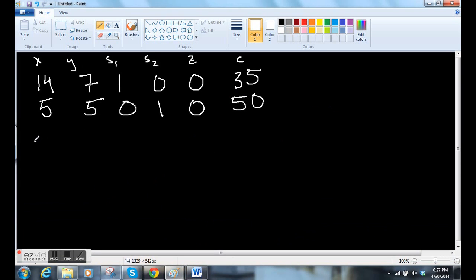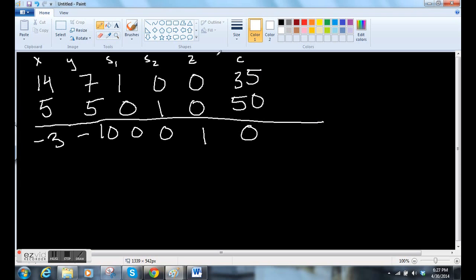So we have minus 3, minus 10, no slack variables, 1 z, and all that equals 0. Since this came from the equation, we draw the line like this. That is the beginning of our augmented matrix.